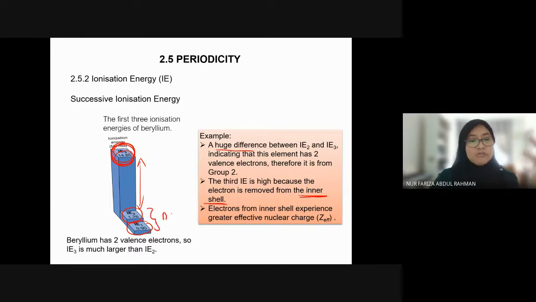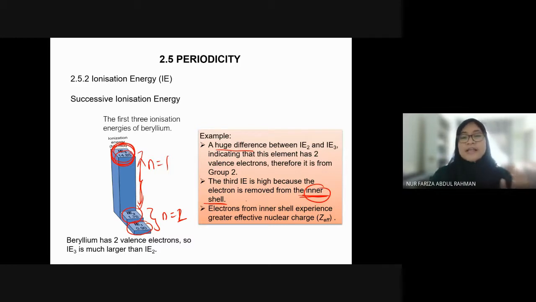This is n is equal to 2, and this is already n is equal to 1. Okay, dia dah inner shell. So that is why you have to explain in terms of this. You kena cakap the IE3 is the energy required to remove the electron from the inner shell or from the core electron.